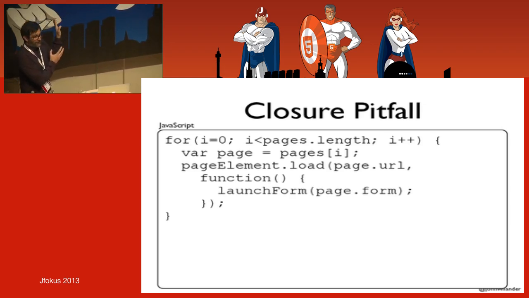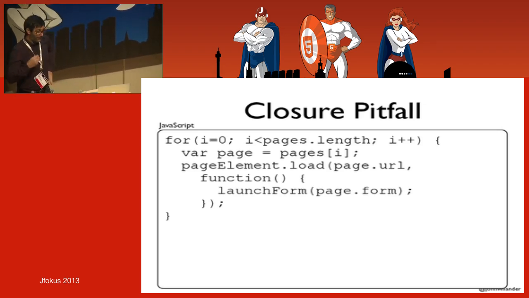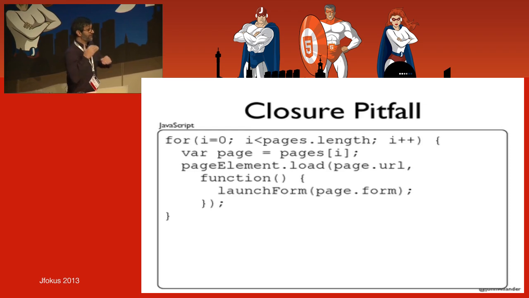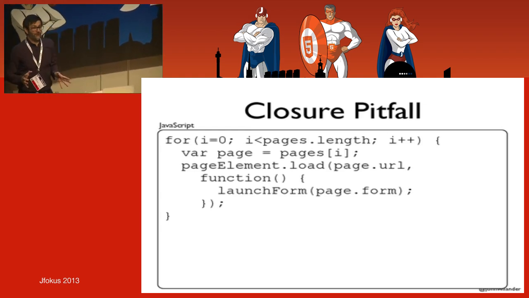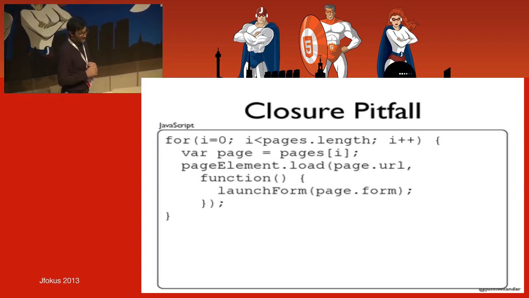We'll have to pretend that the page element here is some kind of util package that has a load function where you can send in a page URL and go and load a snippet of HTML, for instance, a small view for your application. And as you can see, this snippet starts with a for loop, so it's supposed to be somewhere inside a function. It's not living on its own. So this is just a snippet.